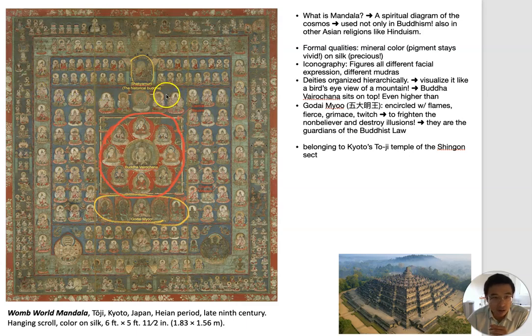There are different sections. These are circular sections. This is the middle central square. And this is Buddha Vairocana and the historical Buddha, Shakyamuni, right here, encircled by many sections. We call those sections the courts. The different kinds of deities occupy different courts.